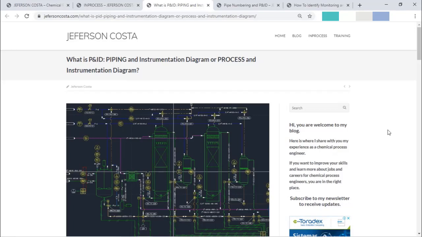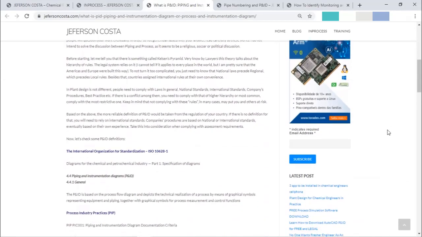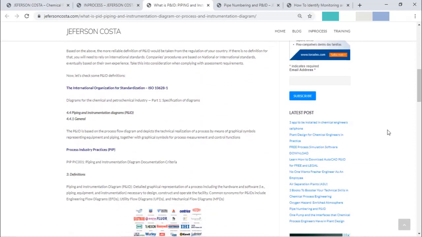And just to give you a definition of P&ID, I will use the ISO definition that says the P&ID is based on the process flow diagram. It depicts the technical realization of a process by means of graphical symbols representing equipment and piping, together with graphical symbols for process measurement and control functions.